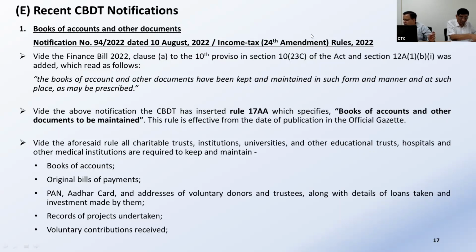Under the above notification, the CBDT has inserted Rule 17AA, which specifies books of accounts and other documents to be maintained. This rule is effective from the date of publication in the official gazette.